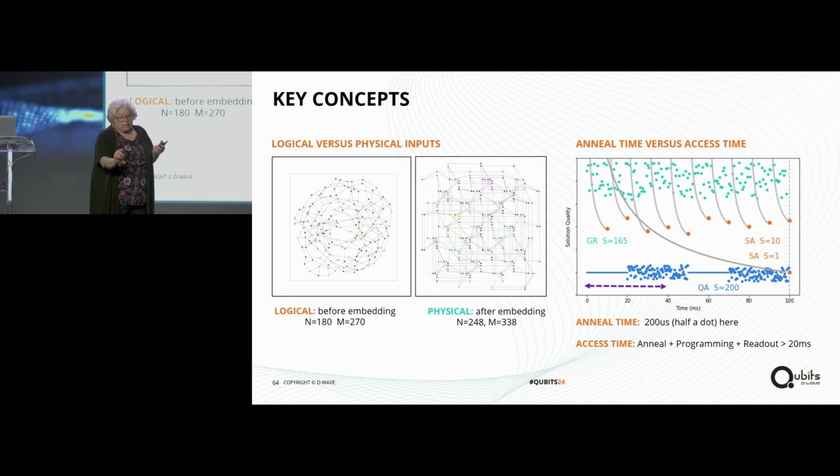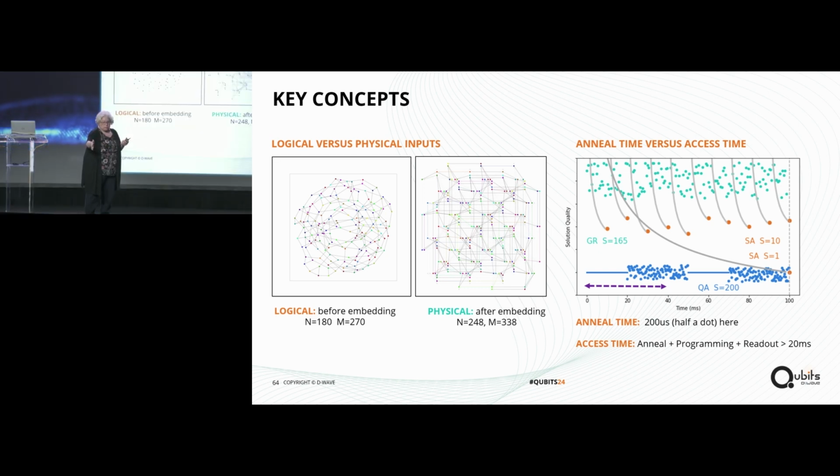In my example, the anneal time is about half the width of each dot, and the readout time is about the same. So if I were actually measuring anneal time, this is what it looks like in access time. Those 200 points that took 100 milliseconds would only take about 40 milliseconds because it would only be half a dot, so all closed over.